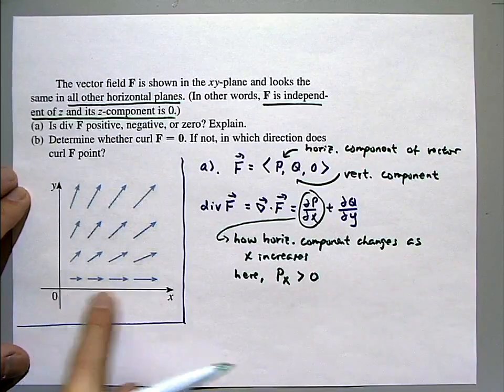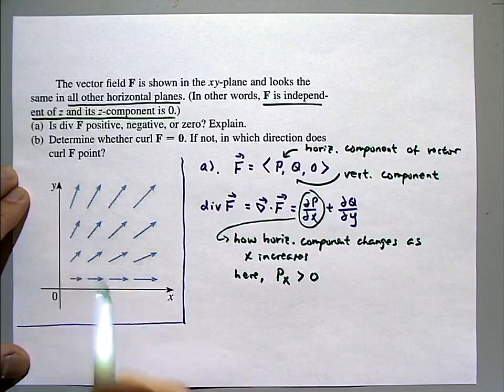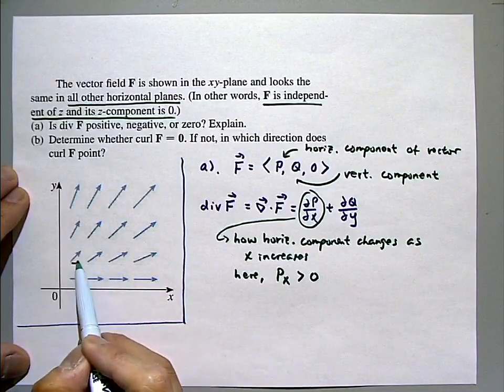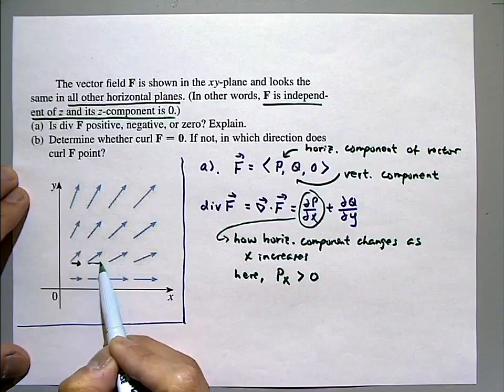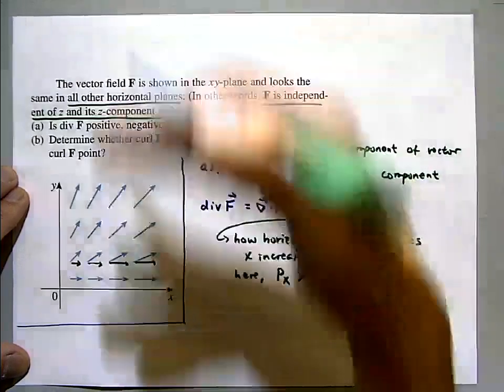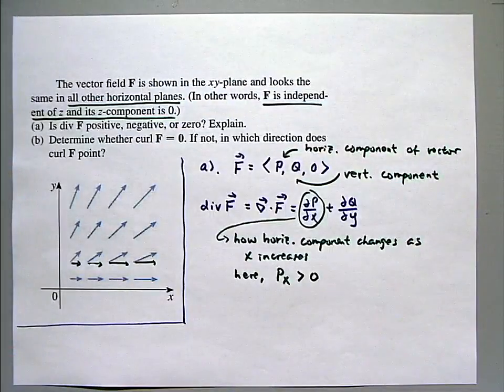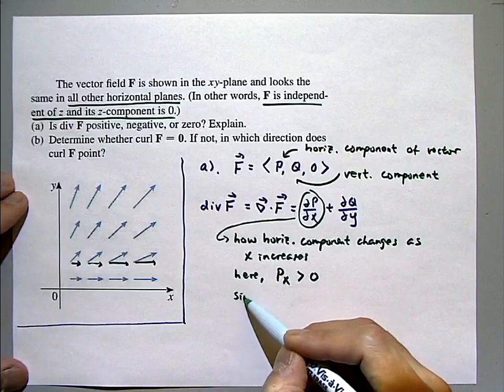If I move across any one here, looking at the second level too, the horizontal component is this guy right here, and now this is bigger, slightly bigger, slightly bigger. And that applies to all these levels. Does that make sense?